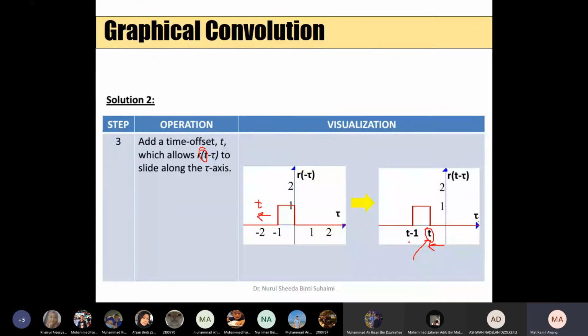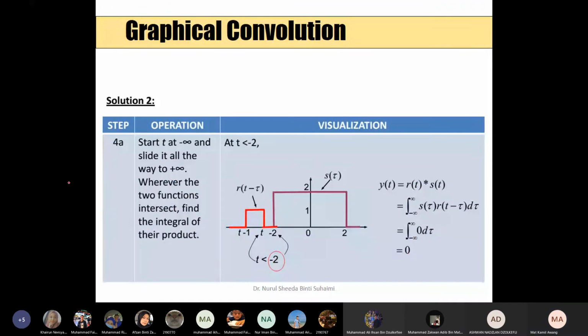So this point becomes t minus 1 because this width is 1. That is the second step.